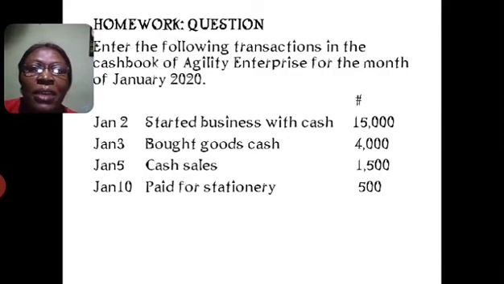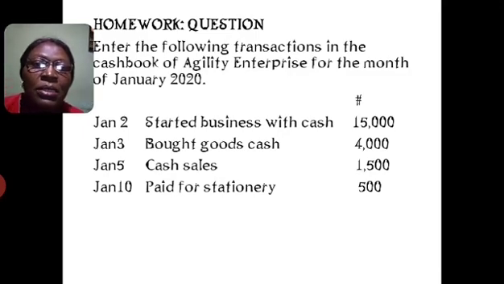And if you discover that the 15,000 with which Agility started the business comes into the business, then it will be entered at the left-hand side, which is the debit side. So under the date column, you write January 2nd. Then under the particulars column, you write capital, because the money used in starting a business is called capital. Then under the cash column, you write 15,000.